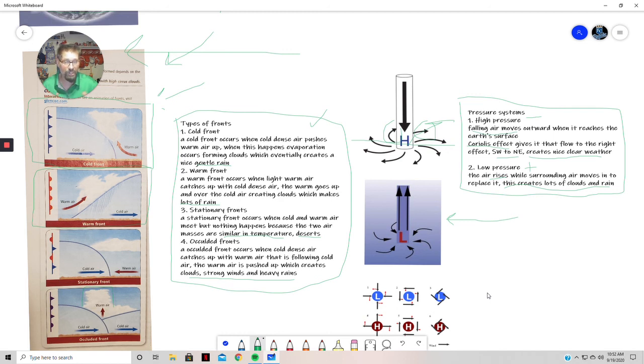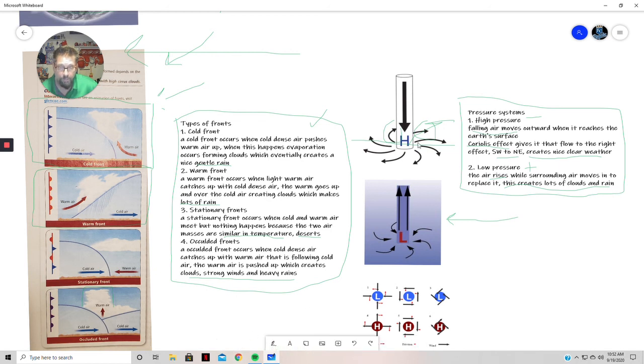If you go check the weather map, that's probably what you're going to see. It accentuates, it magnifies. High pressure systems reduce the effects of precipitation and clouds. Low pressures magnify.